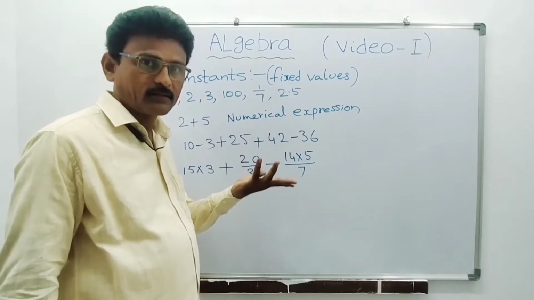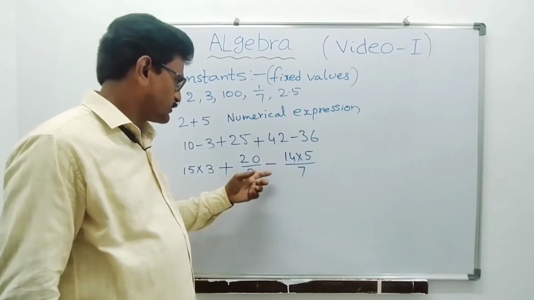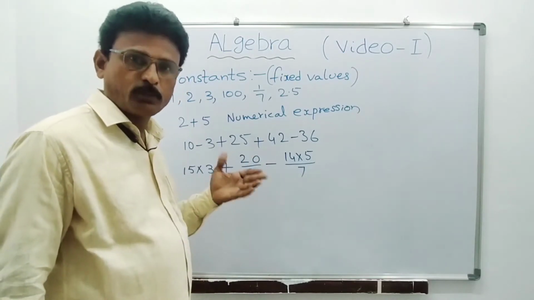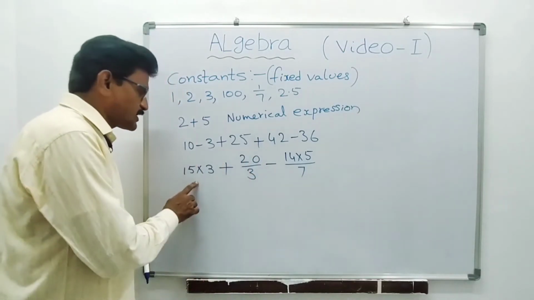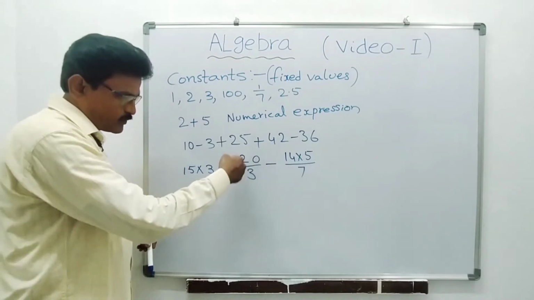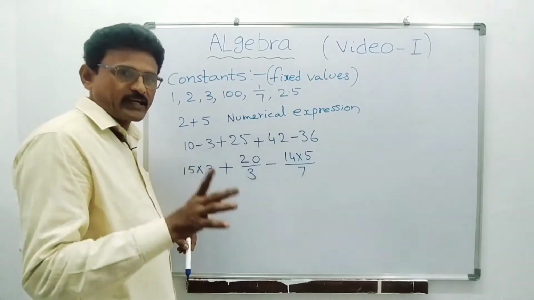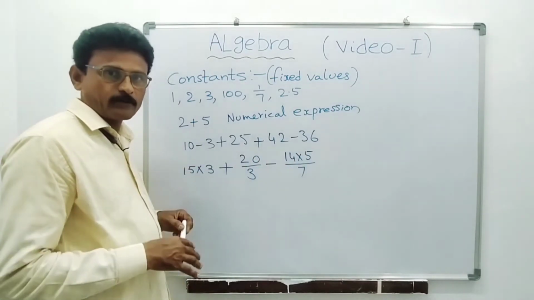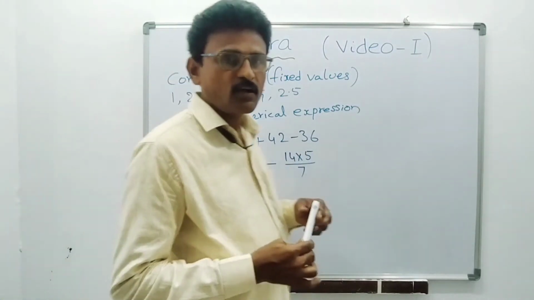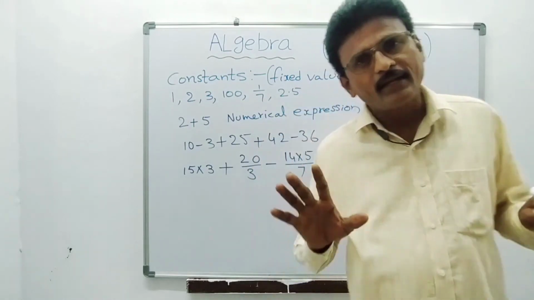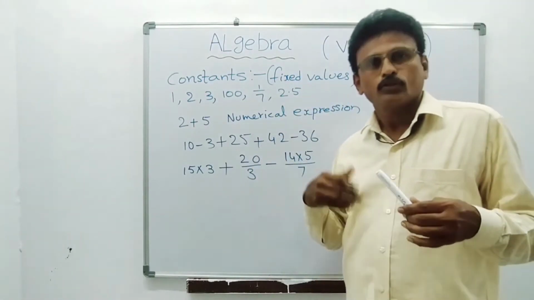There is no letter, there is no variable. All are numbers, that means numerals. That's why these are said to be numerical terms: this one, this one, this one. And combined we say it is a numerical expression, formed by using only numbers or numerals.